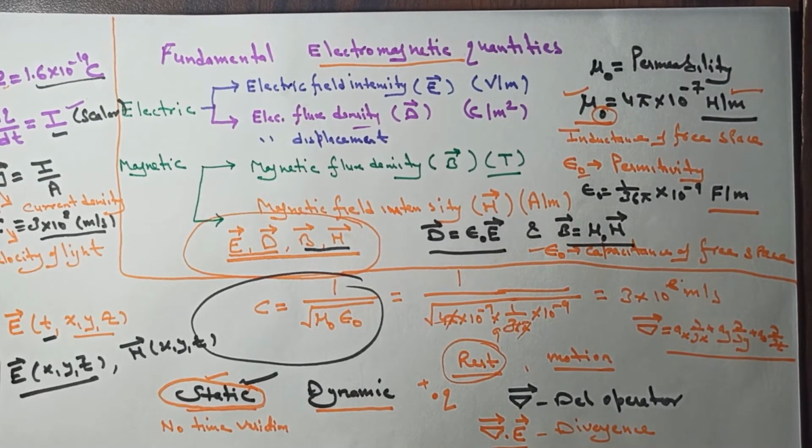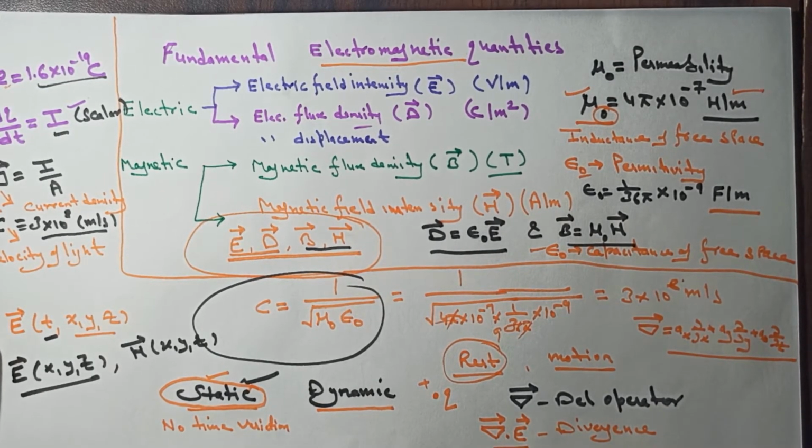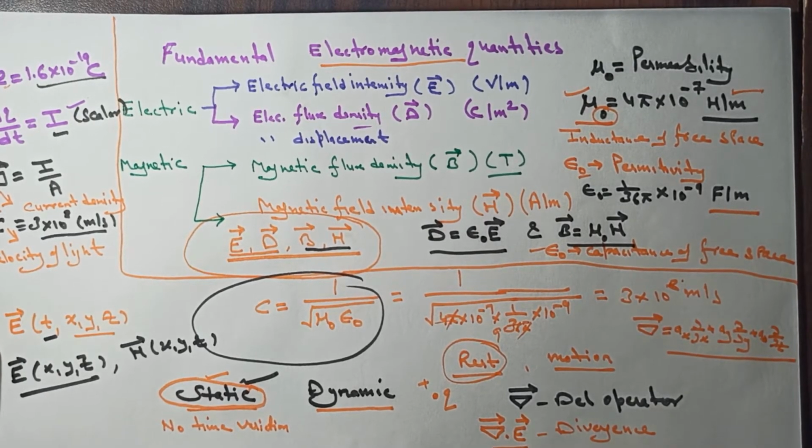Remember this, and you can see my previous video on divergence. Divergence will give you the net flow, del dot E. The net flow of the electric field depends on the charge carriers, on how much charge there is. The larger the charge, the larger the electric field.